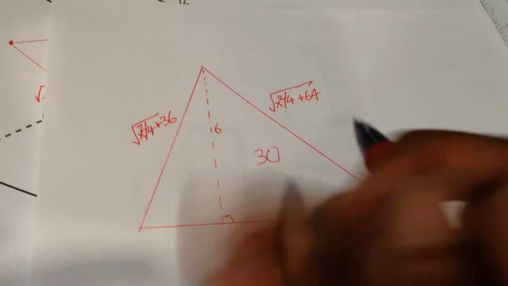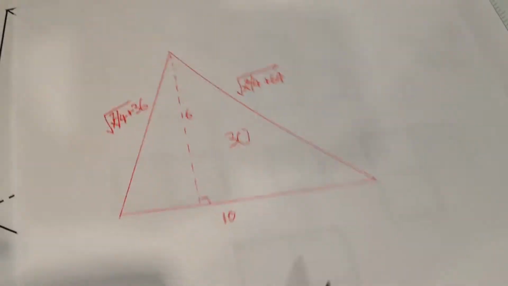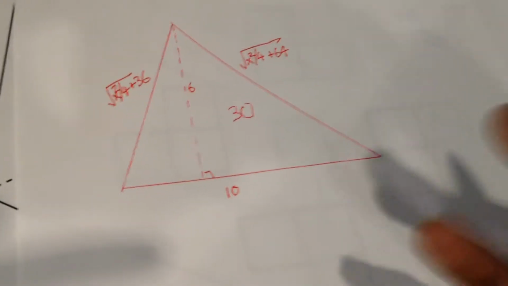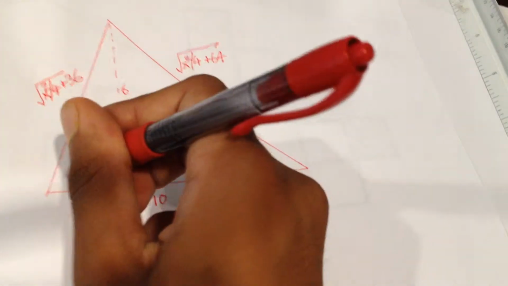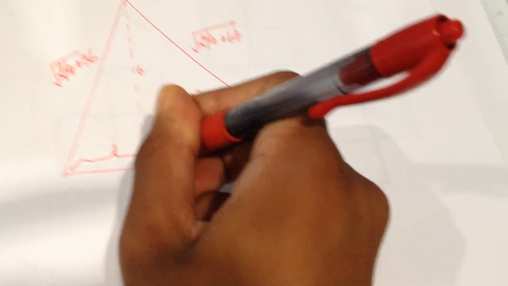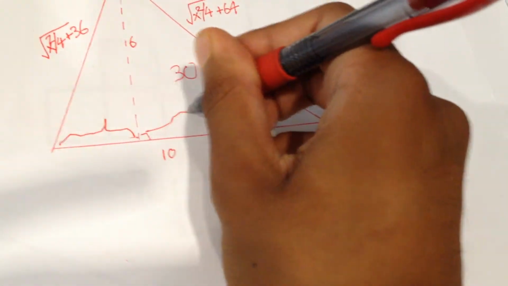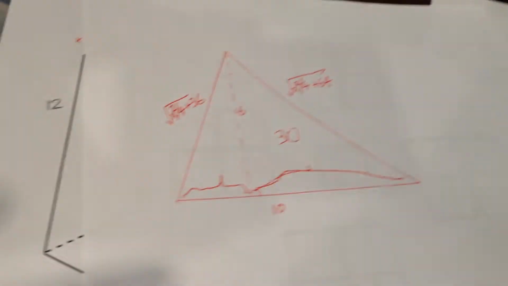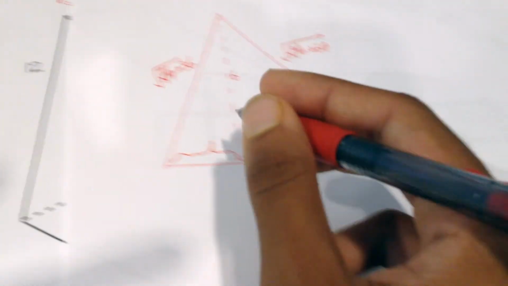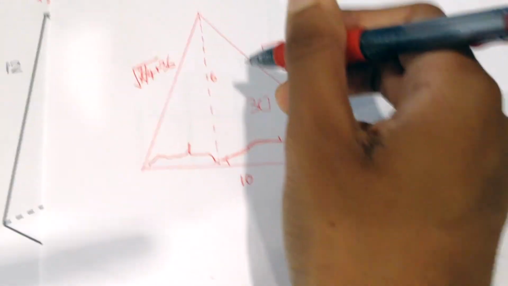Now we can actually create an equation with one variable and solve for x. So the way to do this is to find this small segment over here in terms of x, and this other segment over here in terms of x as well. Pardon that. Let's see here. We have 6.